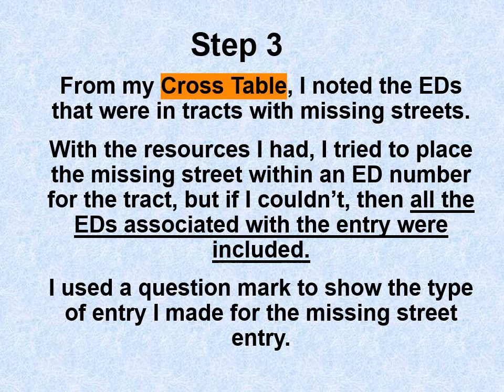So if I included 20 EDs, 19 of them wouldn't have that street at all, and the 20th may not have that street, even if it was there at one time. I used a question mark, and I'm going to show you that in two examples later, to show the type of entry I made for the missing street entry.